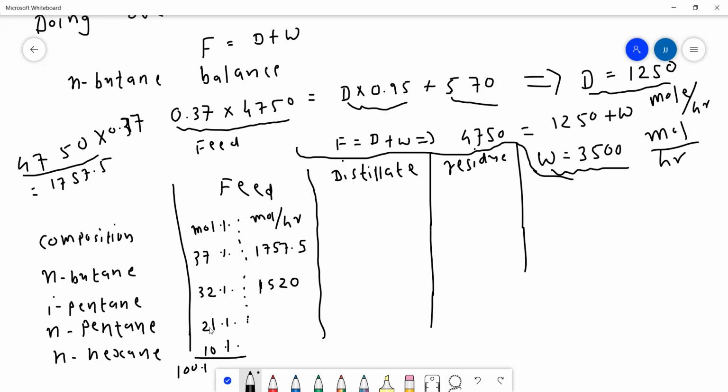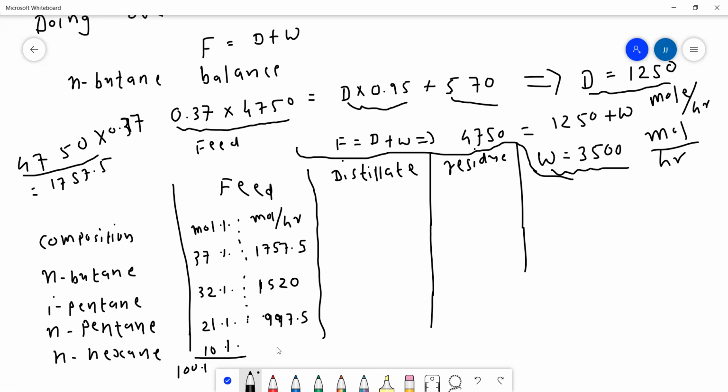You multiply 4750 by 0.21, then you will get 997.5.